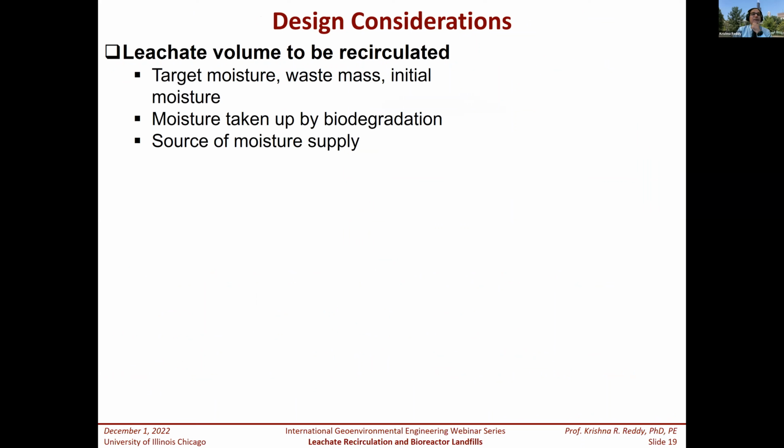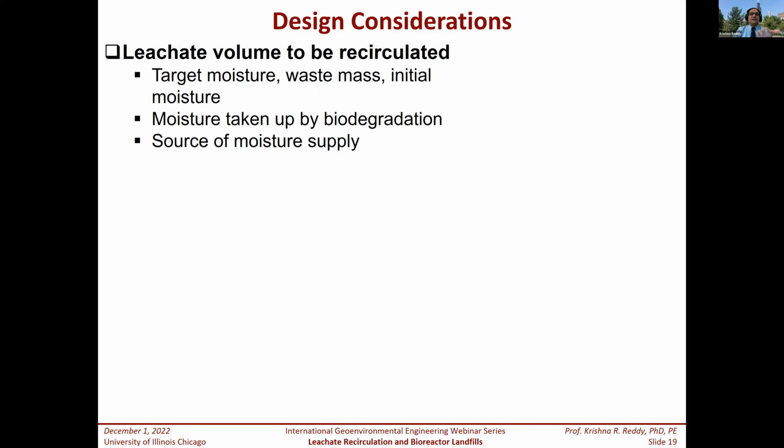So we know the different types of leachate recirculation systems that we can use. Then, if I want to design a bioreactor landfill, what should I consider? The first thing is to think about how much leachate I need for recirculation. So what is the target moisture?